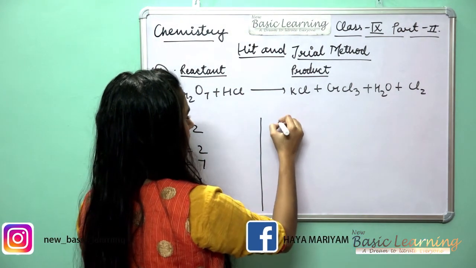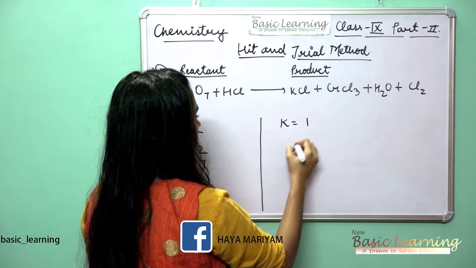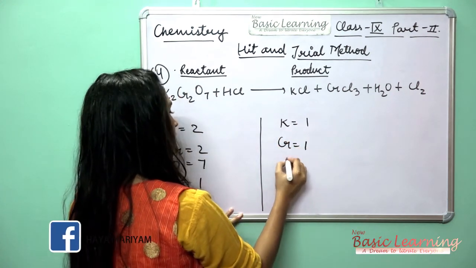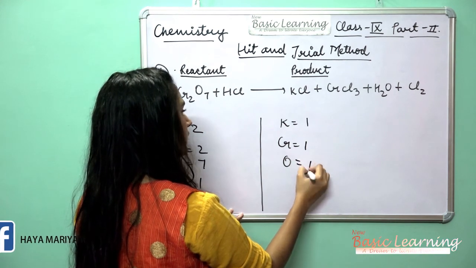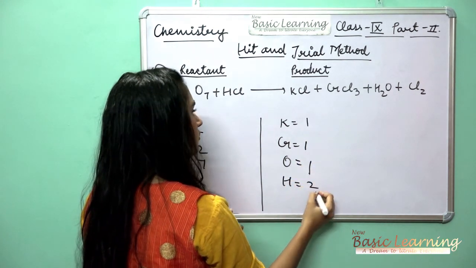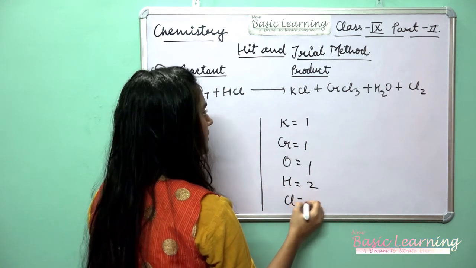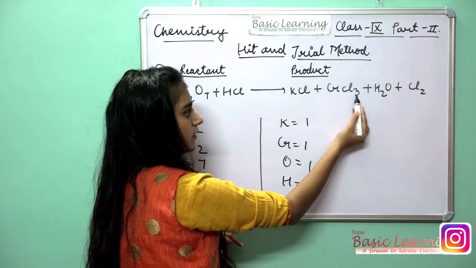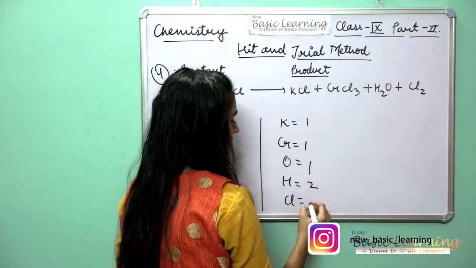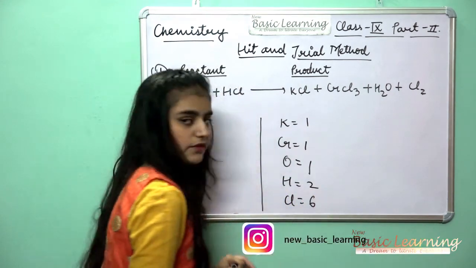Now here on the product side, potassium is 1, chromium is 1, oxygen is 1, hydrogen is 2, and chlorine is 3 plus 2, 5, and we add 1, it will give 6.